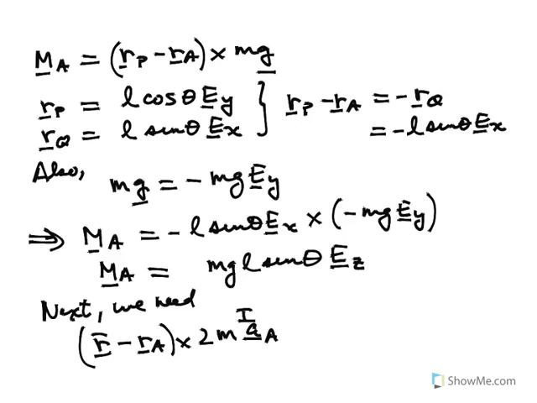So this is minus mg ey. So we've got minus L sine theta. Ex crossed with ey is ez. And we've got mgl times the sine of theta. And that's correct.